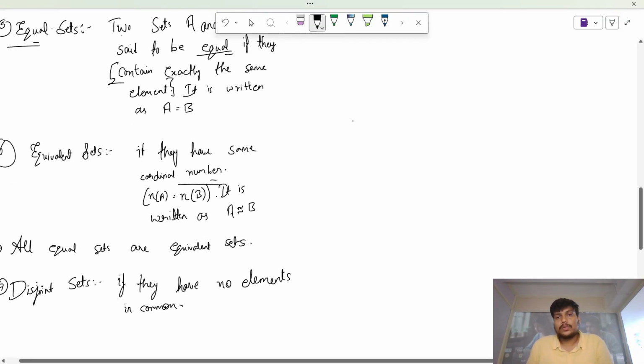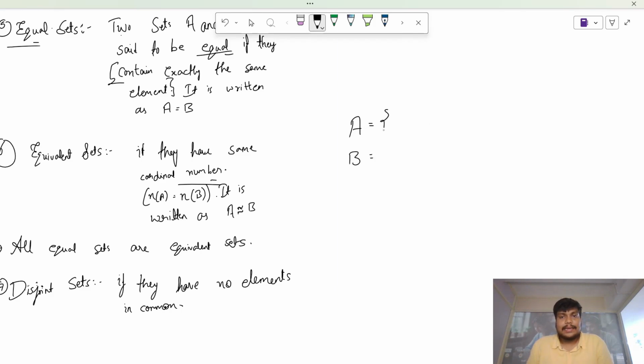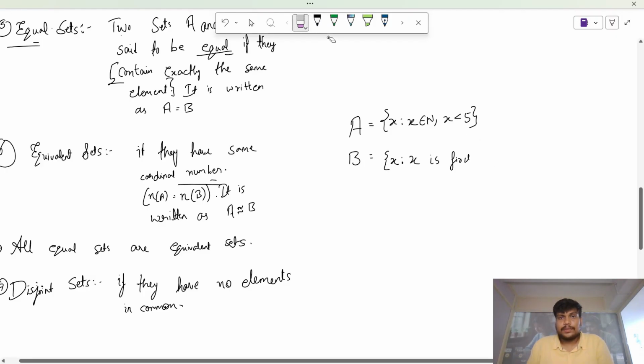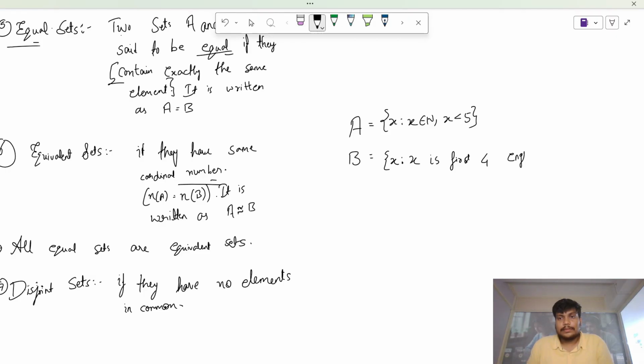Let's suppose there are two sets A and B. Set A is all the numbers x such that x belongs to N and x is less than 5. And B is the set which contains the first 4 English alphabets.